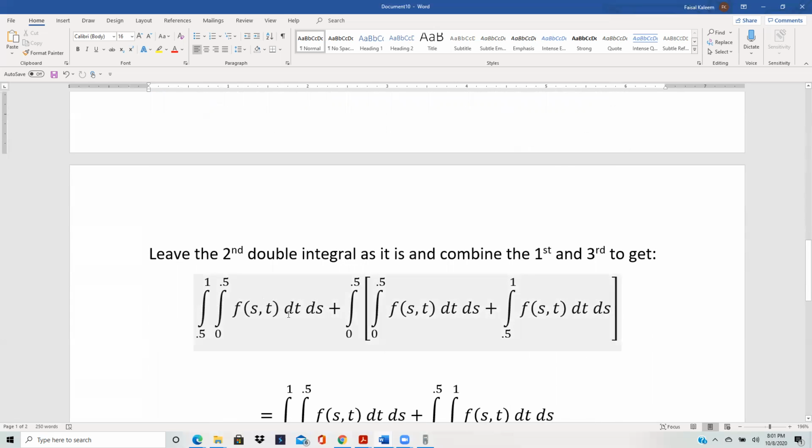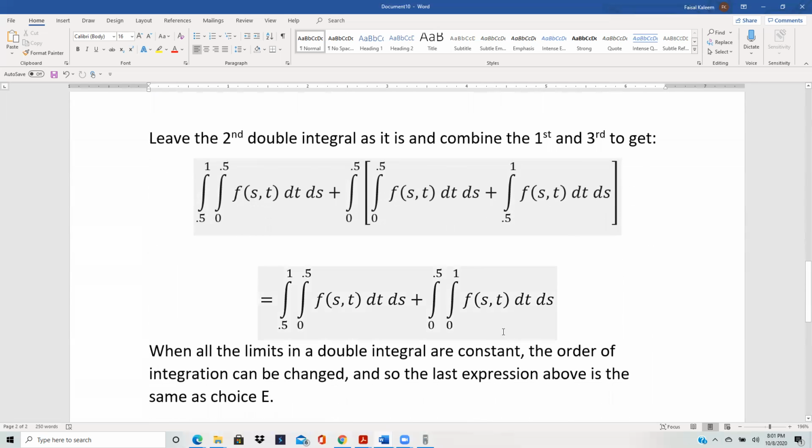I've left the second integral unchanged, and after factoring out, I wrote the two that I talked about. And then this 0 to 0.5 plus 0.5 to 1 combines to 0 to 1. So I have this one here, plus, in this one, the outside was 0 to 0.5, which I left untouched, and then the inside two combine into 0 to 1.